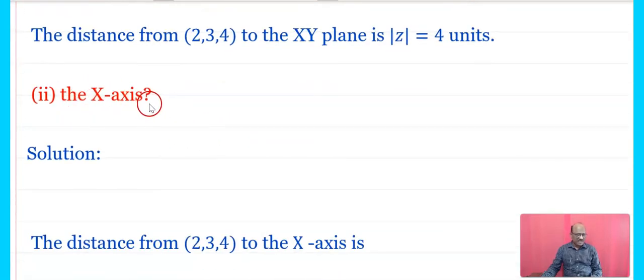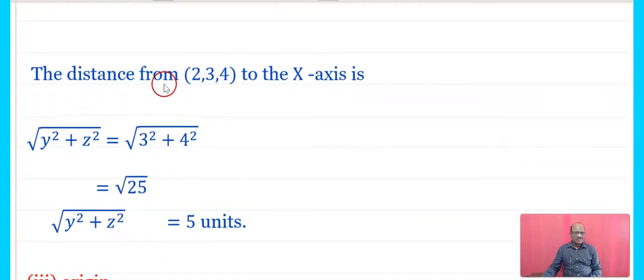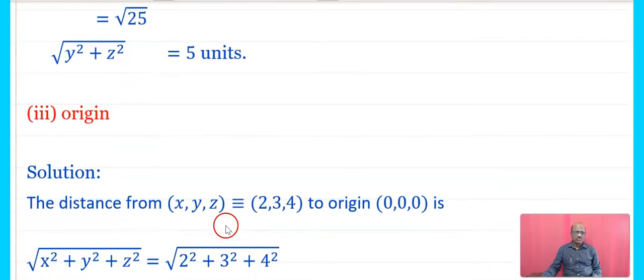From the x-axis, the distance from 2, 3, 4 to the x-axis is root of y square plus z square. y is 3, z is 4, that is root of 3 square plus 4 square, which is 9 plus 16, that is 25, root of 25, and that is nothing but 5. And therefore root of y square plus z square is equal to 5 units.